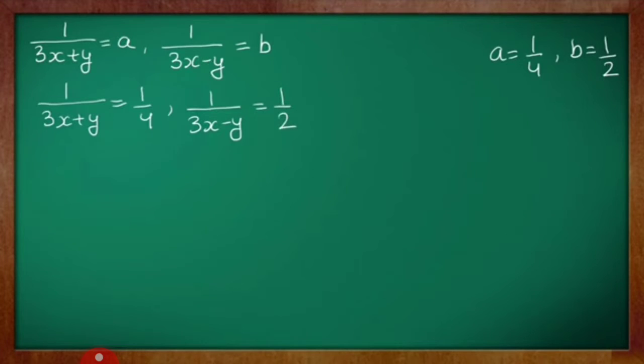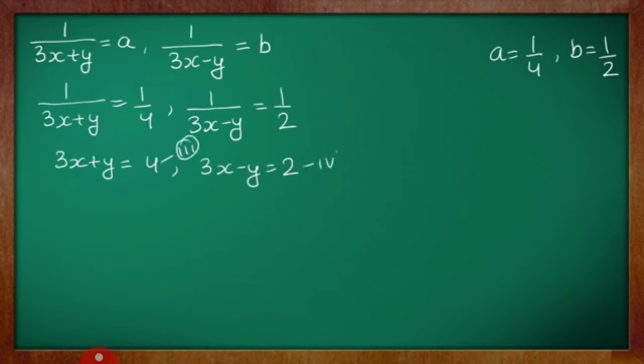Now by putting the value of a is 1 upon 4 and b is 1 upon 2, either by cross multiplication or by taking the reciprocal of both the sides, the equation will be 3x plus y is equal to 4, and in the second equation, 3x minus y is equal to 2.